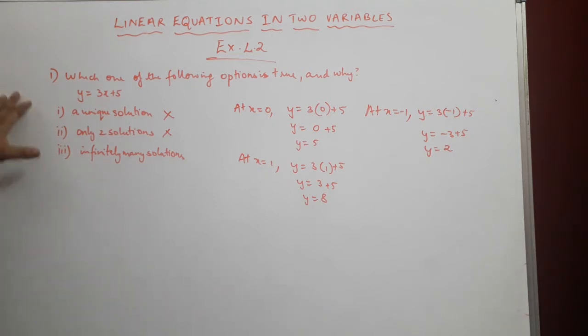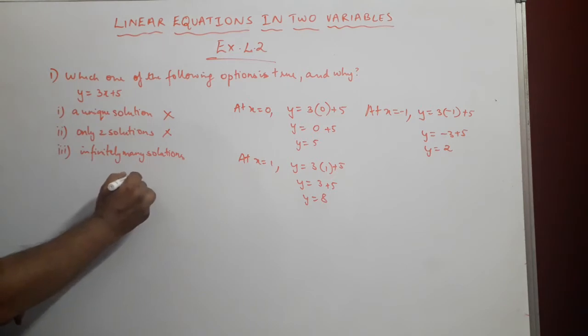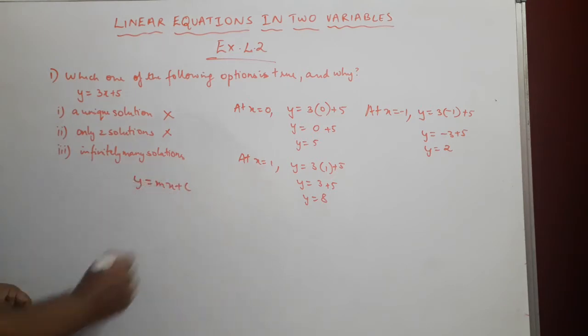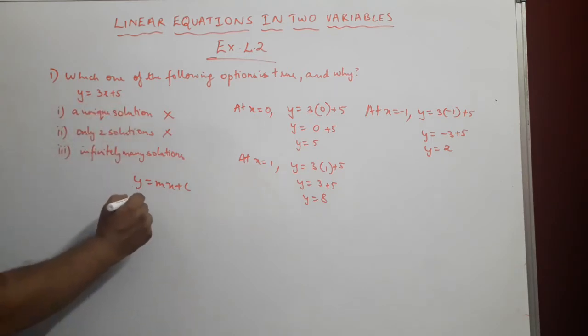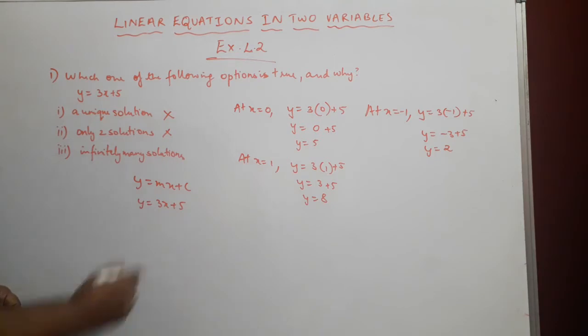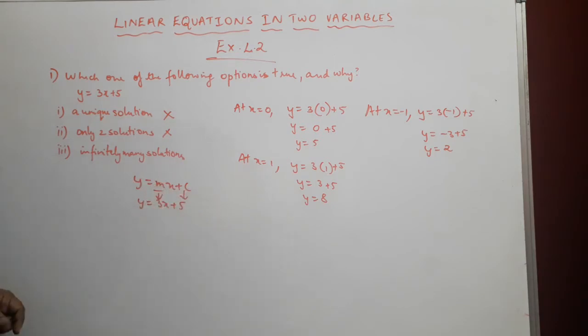So this problem was just to prove that point, which says linear equations in two variables have infinitely many solutions along a straight line. And this is an equation of a straight line. If you notice, what was the general equation of a straight line? Y equal to mx plus c, and this is exactly in the same form, where y equal to 3x plus 5 we are given, where m can be said equal to 3 and c equal to 5.